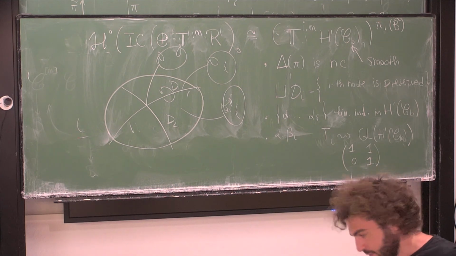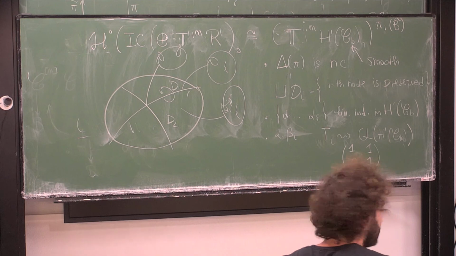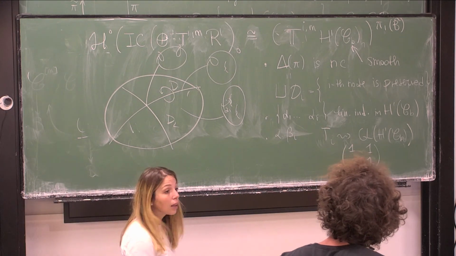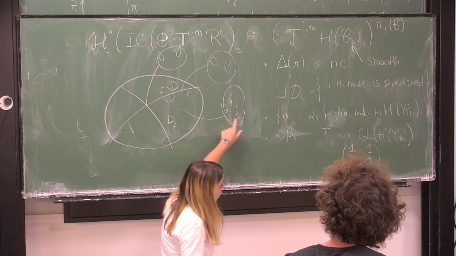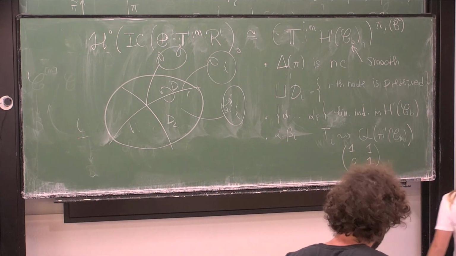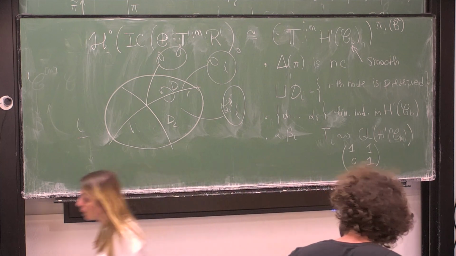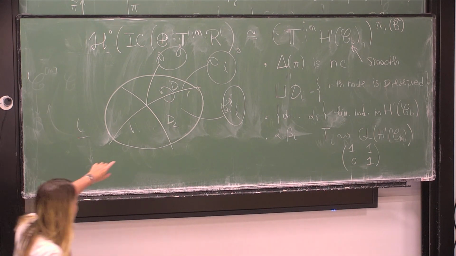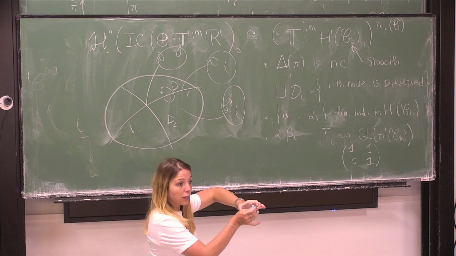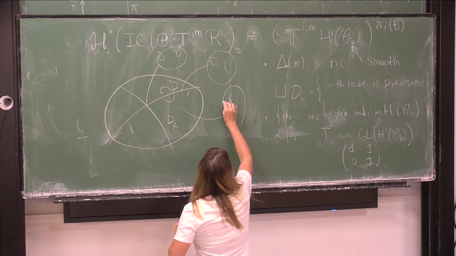I didn't understand. Why can you assume that the vanishing cycles represent linearly independent homology classes? Here? Yes. Well, because you can always put yourself in this drawing if you shrink B enough. So you will have that alpha 1.